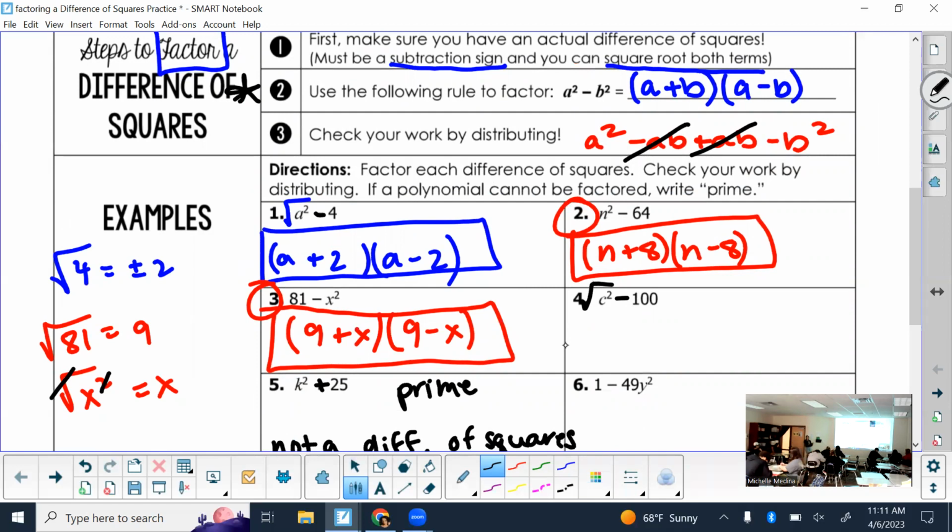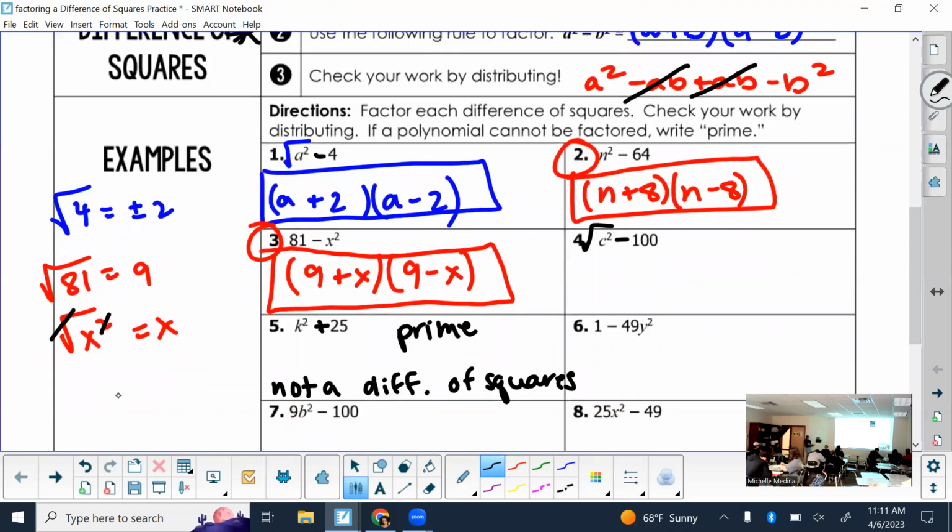So what's the opposite of squaring something? Opposite of squaring.